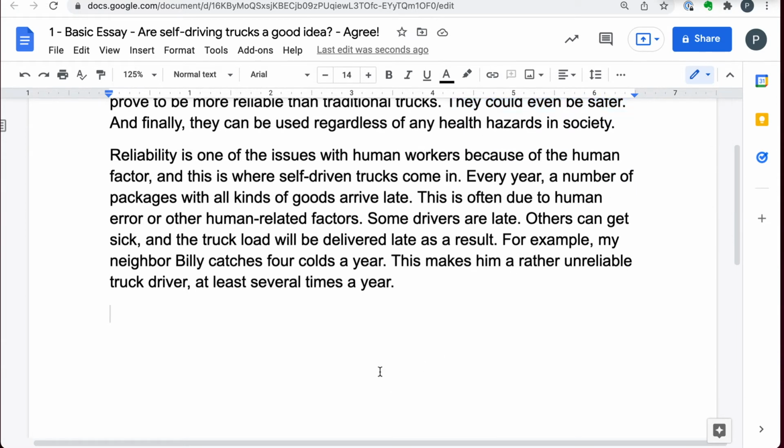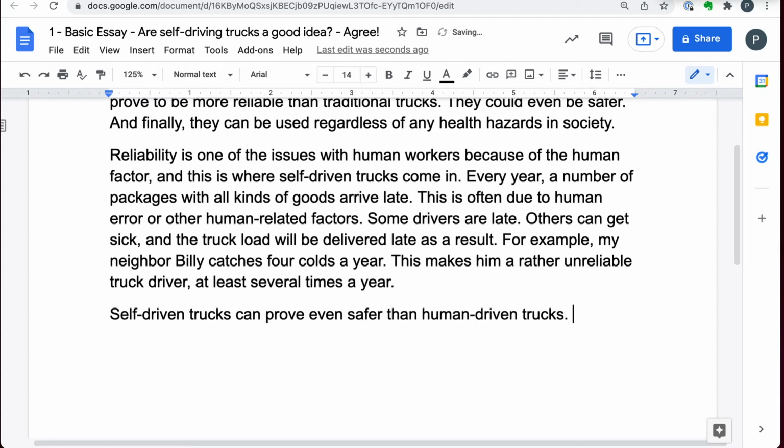Self-driven trucks can prove even safer than human-driven trucks.